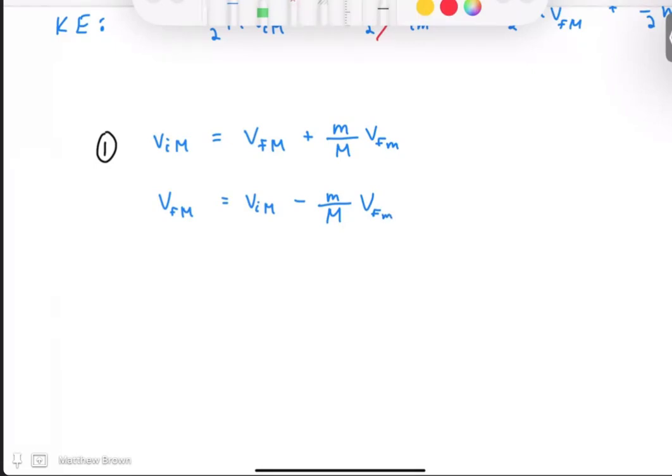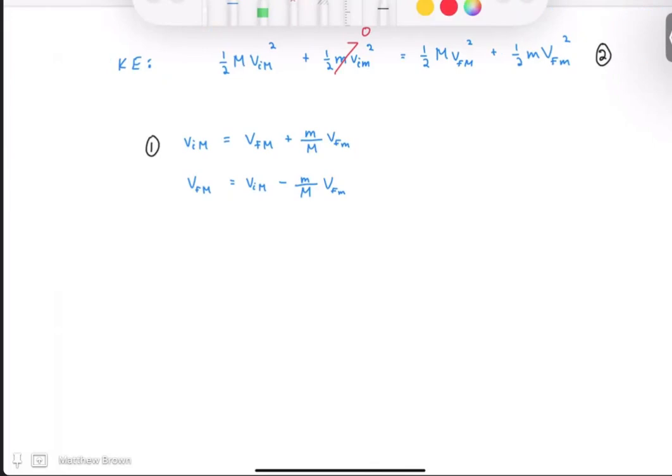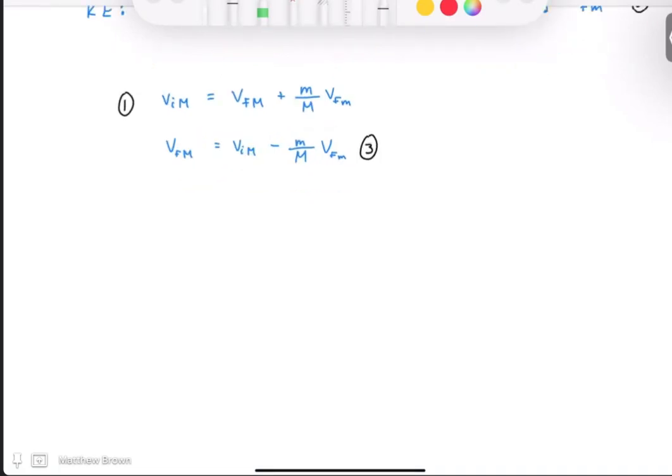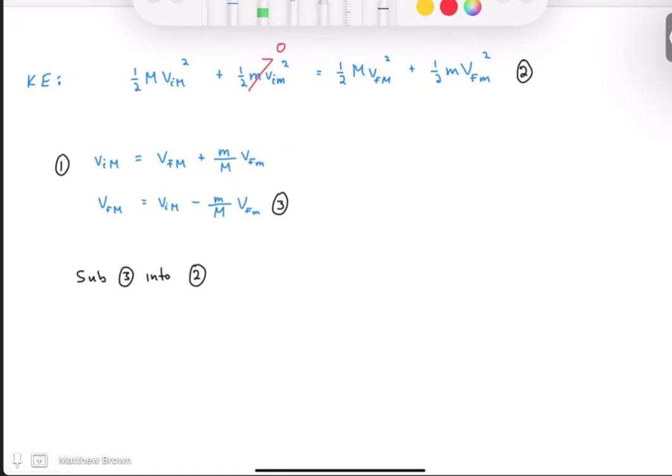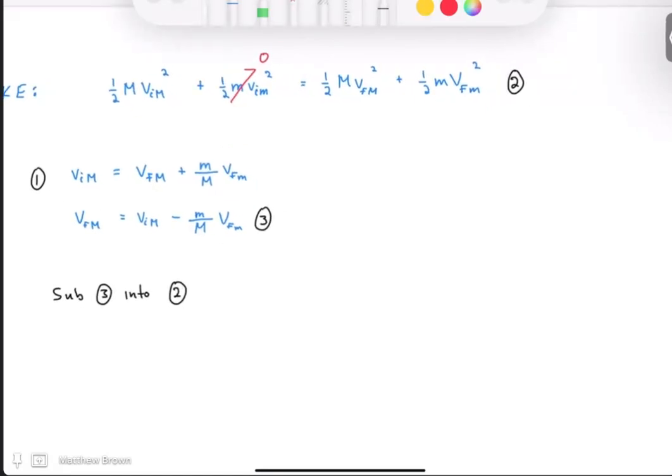Just to rearrange that, and I can even call that equation 3. And then I can take equation 3 and look back at equation 2.